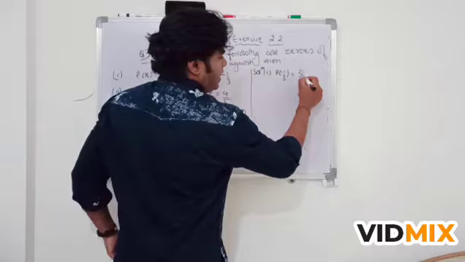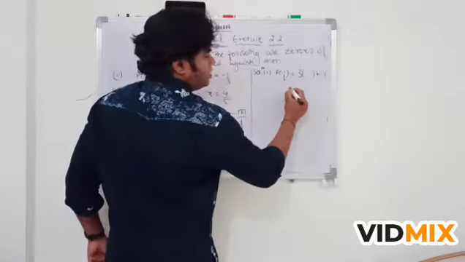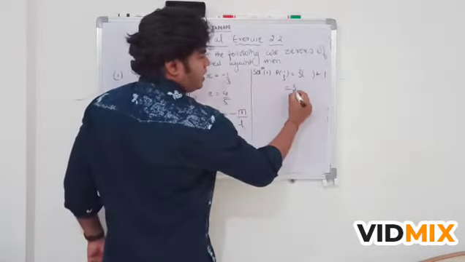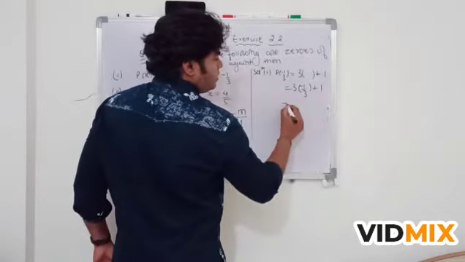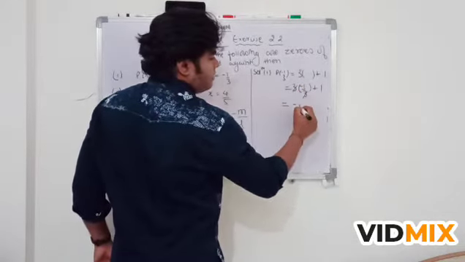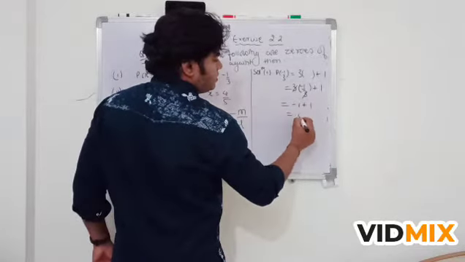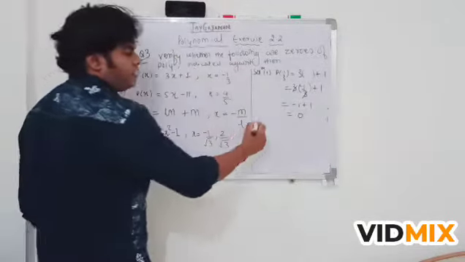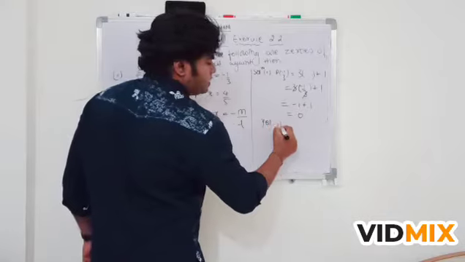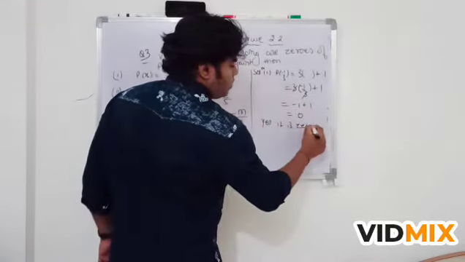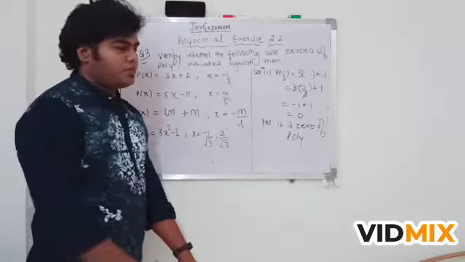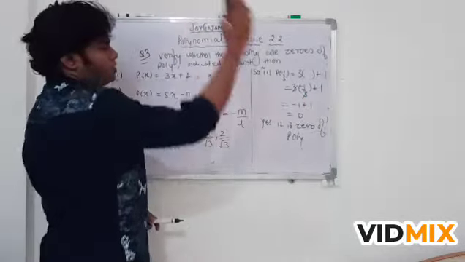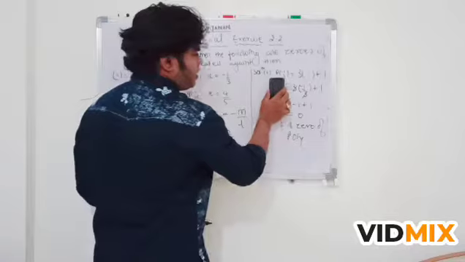So 3x plus 1 will give you 3 times minus 1 by 3 plus 1. 3 gets cancelled, I am left with minus 1 plus 1 is equal to 0. Hence, yes, it is 0 of polynomial. Understood? In this way we can solve the other problems also. This was the first one. We'll go for the second one now.